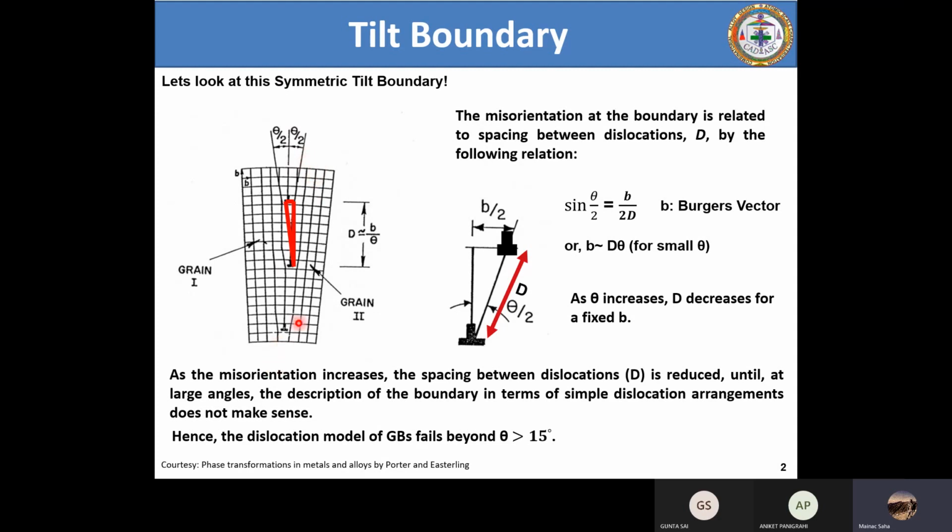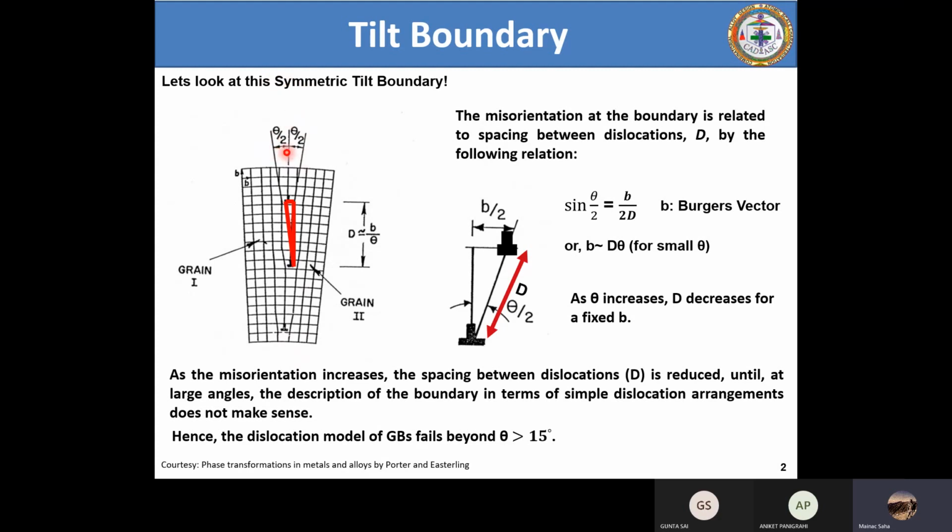It is this way: if you have the two grains misoriented unequally along the line which is perpendicular to the rotation axis, which is pointing out of the screen towards you, then that kind of tilt boundary is termed an asymmetric tilt boundary.